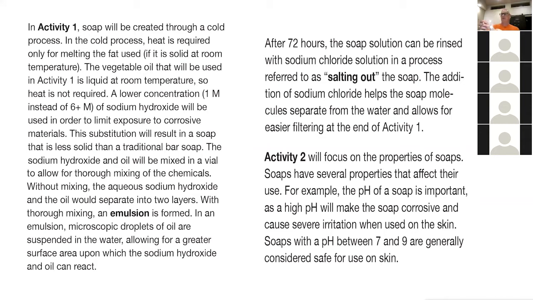I don't know if it's peanut oil, but probably just regular vegetable oil like Crisco or something. So what we're going to do is weigh out about 2 grams of it, and then add our sodium hydroxide, and then basically shake it a number of times to form an emulsion. What's an emulsion?